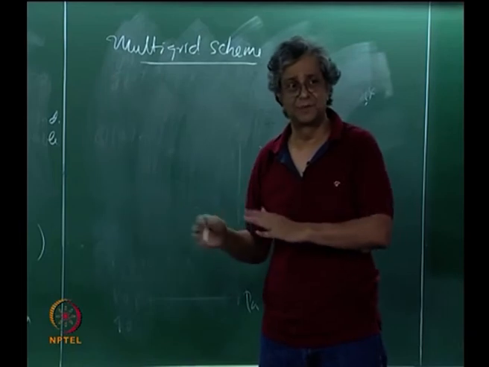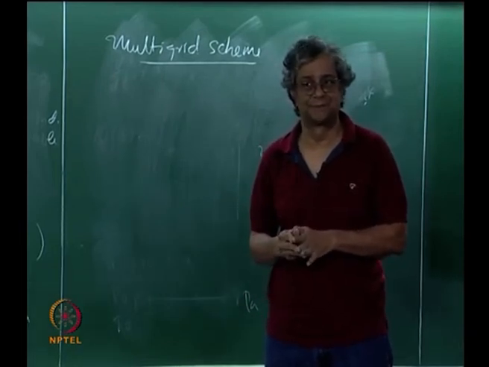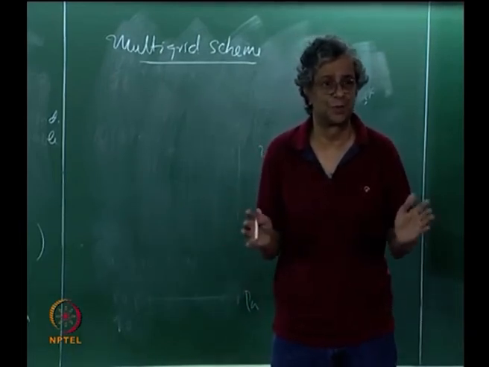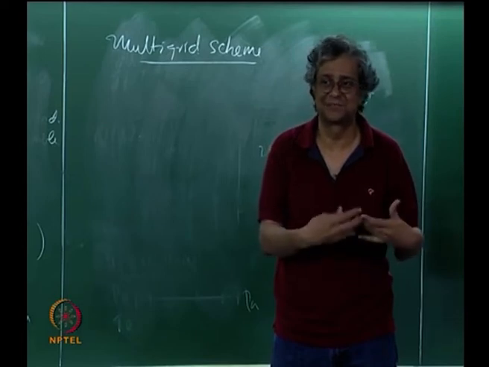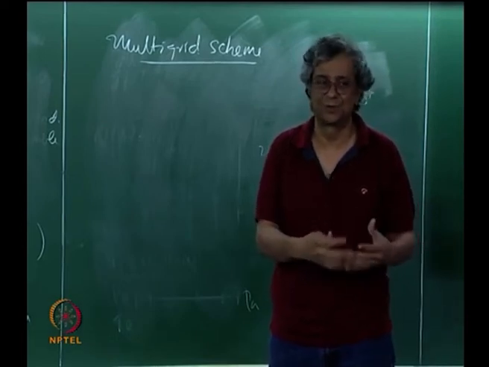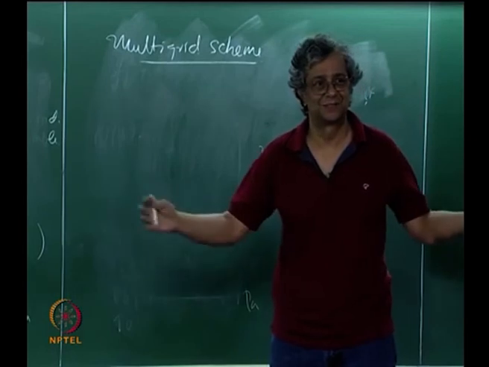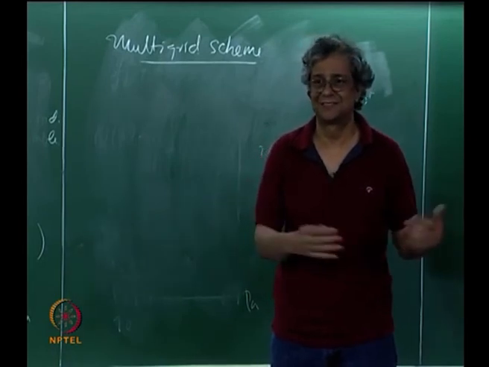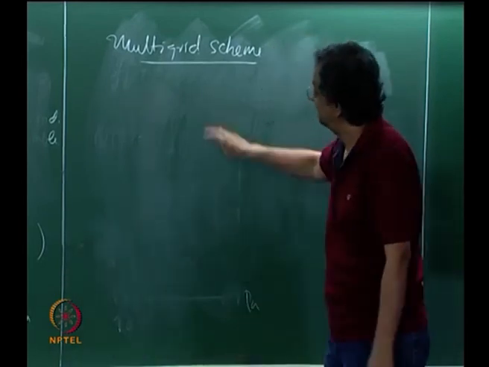And if you say high frequencies decay faster than low frequencies, then you are interested in using a coarse grid because the wave numbers then become higher frequencies. What are low frequencies on a fine grid become higher wave numbers on a coarse grid, hence the multigrid scheme.